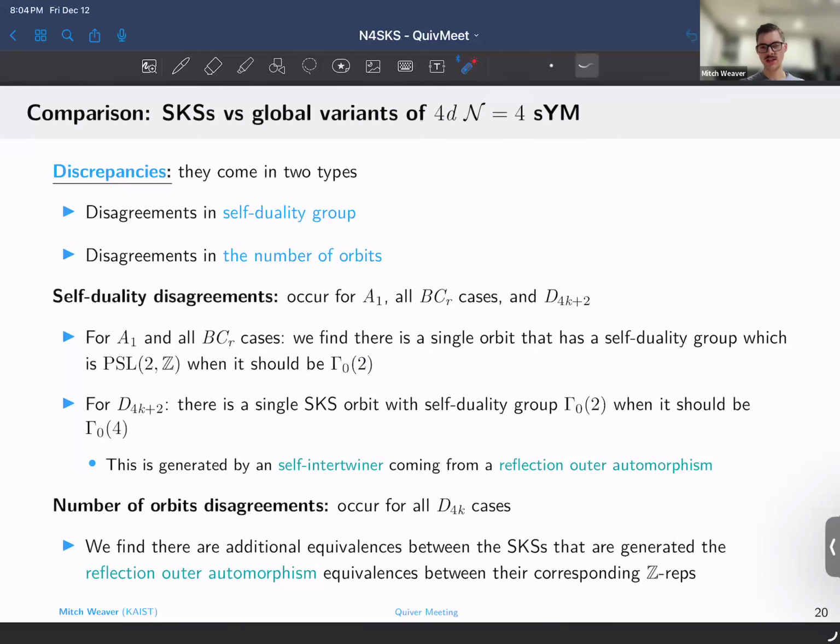But here we take it into account, and so that's why this discrepancy occurs, and you see a self-duality group that's too large.